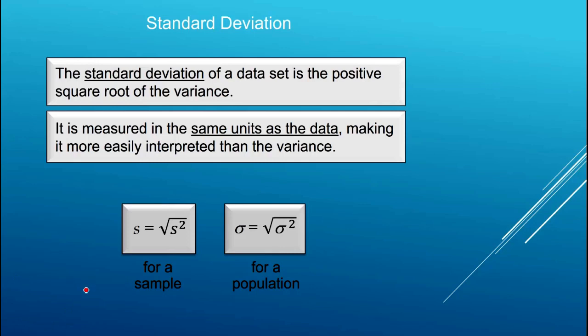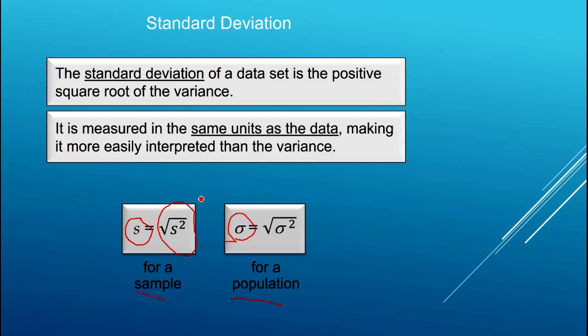It's pretty simple then to go from the formulas for the variance to the formulas for the standard deviation for both the sample and for the population. We simply take the square root. If we're going to take the square root of s squared in order to get the sample standard deviation, then a natural choice for a symbol to stand in for the standard deviation is s, and likewise for the population parameter, sigma.